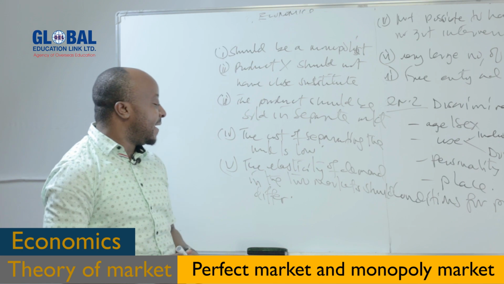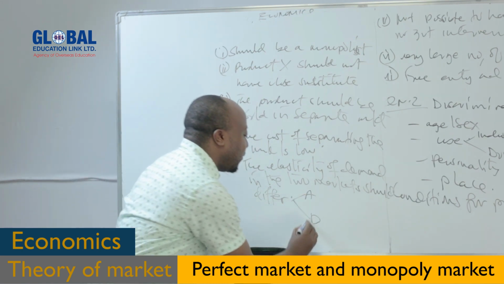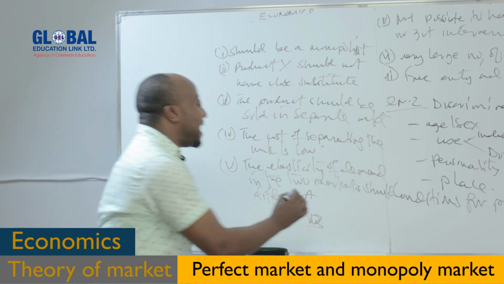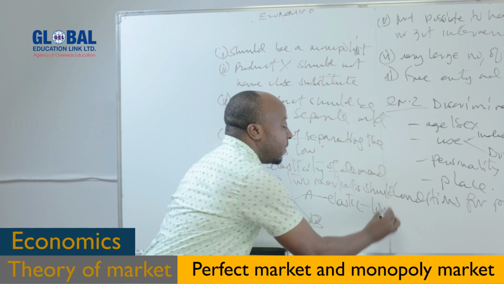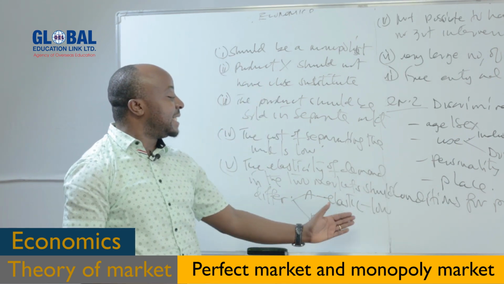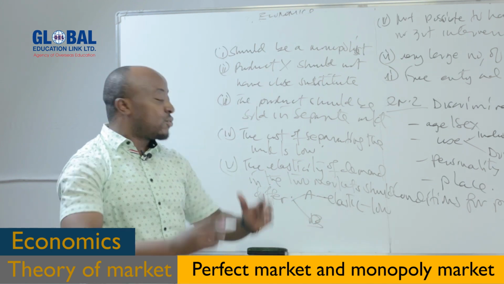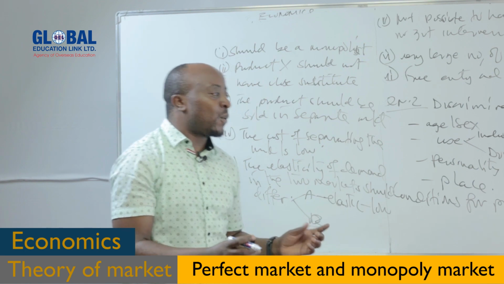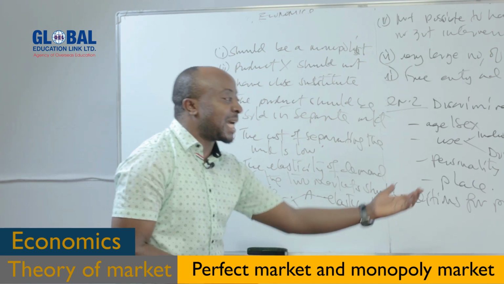What do we mean? We have market A and market B. If in market A the demand is elastic, the price should be low. Remember, in elastic demand, a small change in price results in a greater change in quantity. To avoid losing sales or profit, you lower the price to attract more customers.